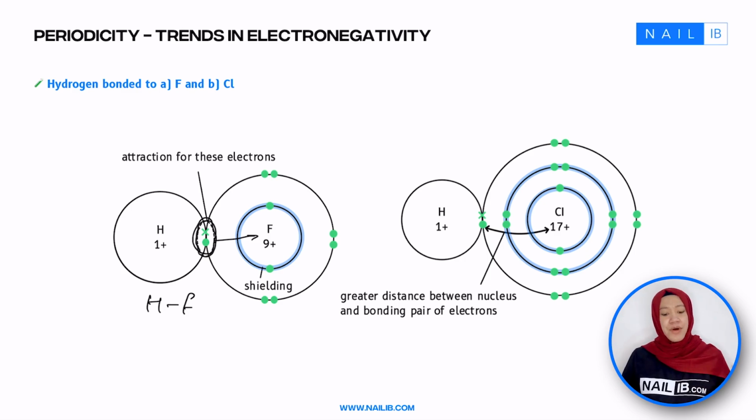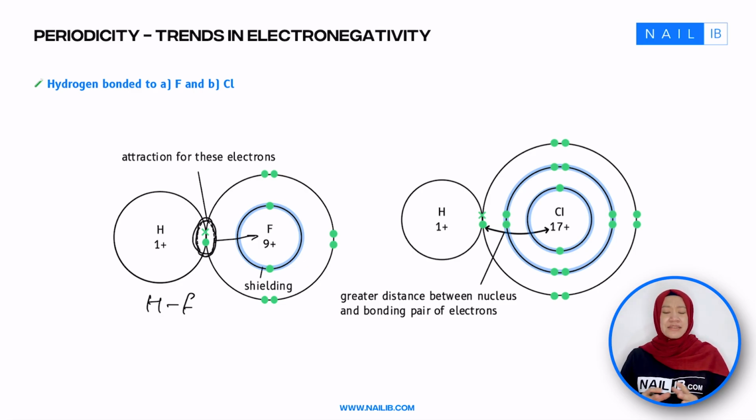H is more positive, and F is more electronegative. So F will cause a greater attraction of the electron pair of a bond, or the tendency of this element to attract a pair of electrons is greater compared to H.